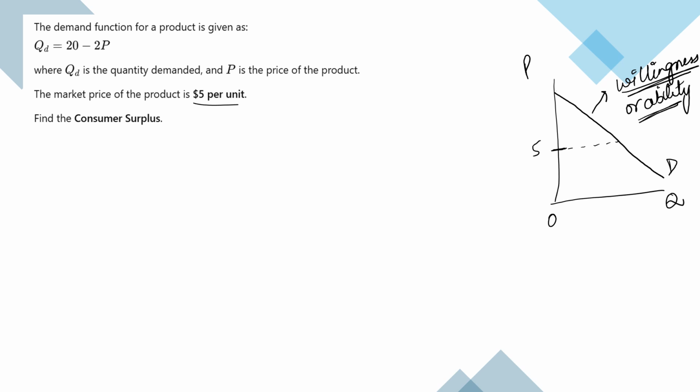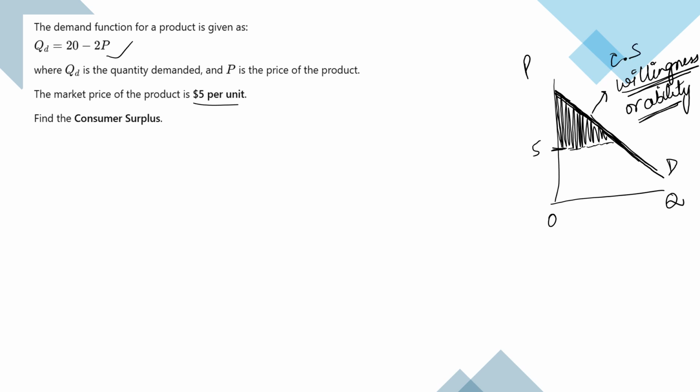So in this diagram, consumer willingness is shown by the demand curve, and if the market price is less than that, the difference between these two represents consumer surplus. So in this question, firstly we have to draw the demand curve according to this equation, and at a price of 5 we have to see how much is the consumer surplus. So this area would be our consumer surplus.